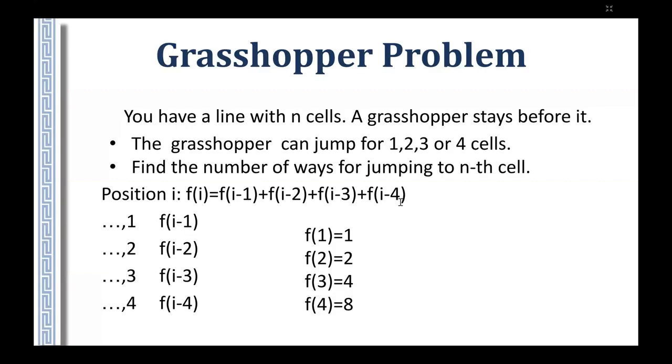But for cells number 1, 2, 3, and 4, we cannot use the same formula because cells with indexes 0, -1, -2, -3 do not exist. So these cells don't exist.